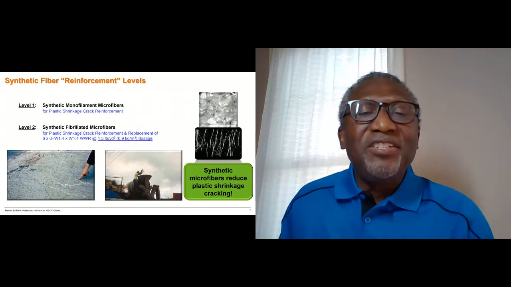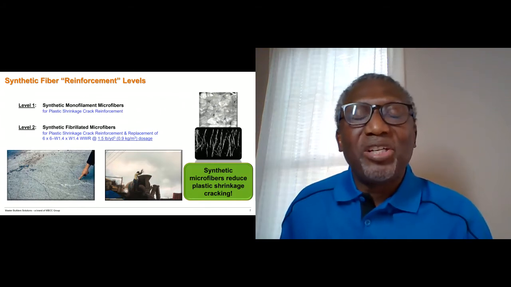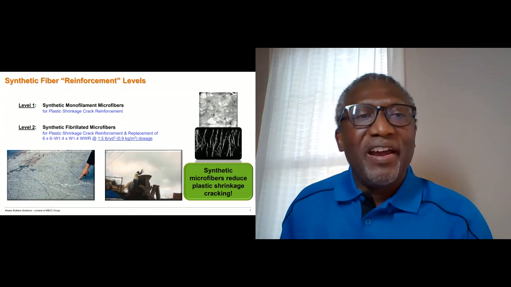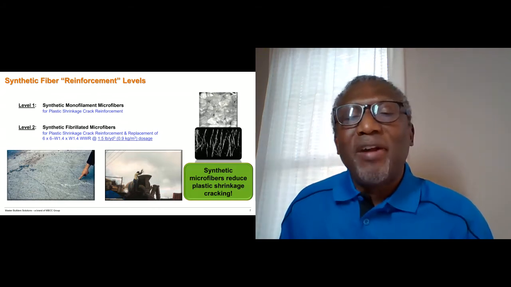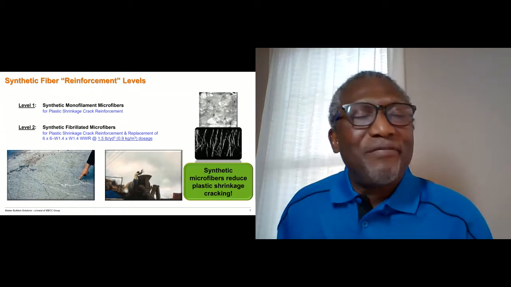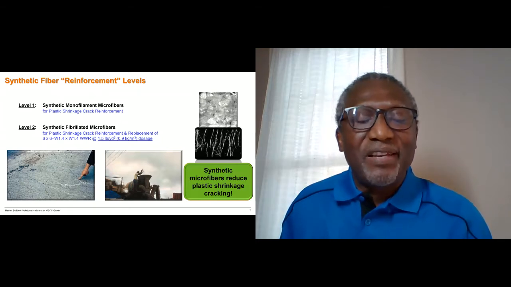And the dosage that's used for the fibrillated fibers throughout the industry is essentially 1.5 pounds per cubic yard. For the synthetic monofilaments, the dosage will range anywhere from half a pound to 1 pound, depending on the specific fiber.